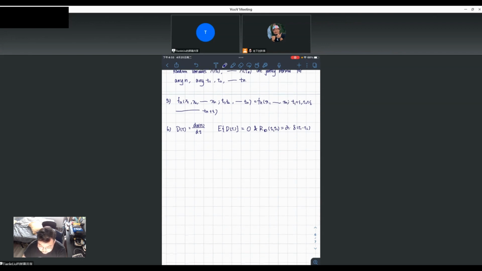As I said, it's usually in the Wiener process. If this part is satisfied, this alpha is usually represented as q, and the derivative is the white noise function.